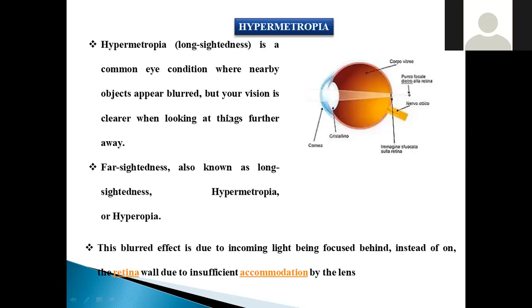Now we are going to discuss another defect called hypermetropia. Let us first consolidate myopia. Myopia stands for the vision defect in which a person cannot see distant objects clearly, but clear vision of objects very near to them is possible.